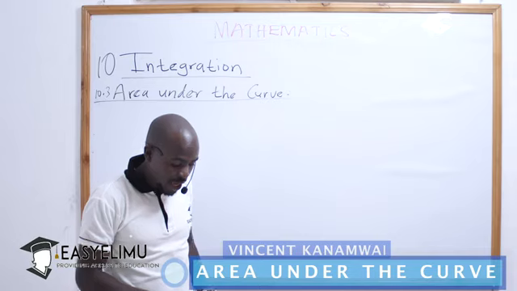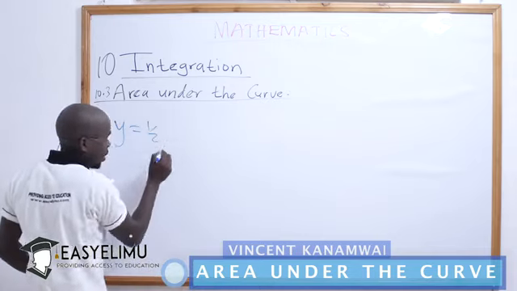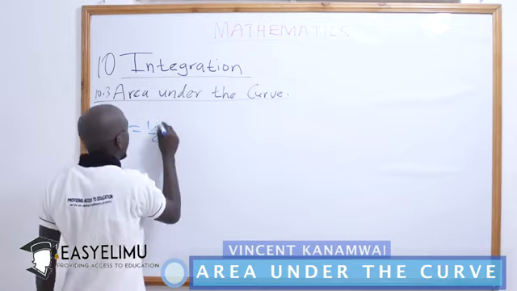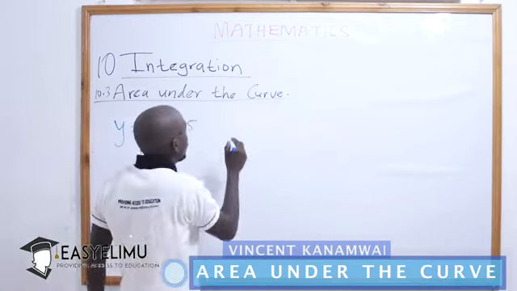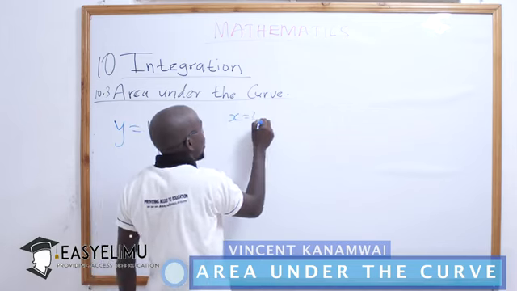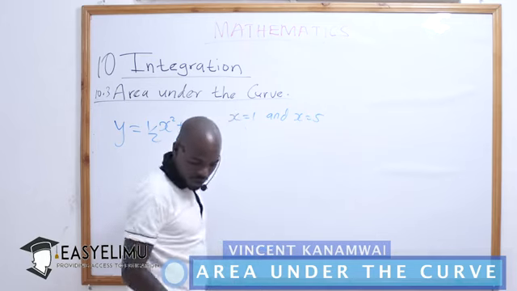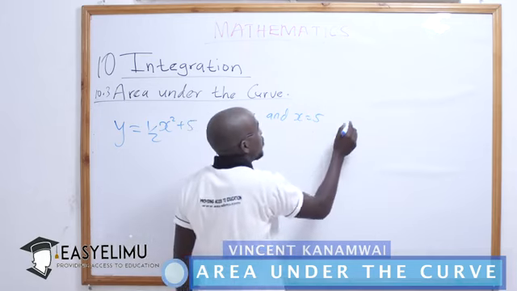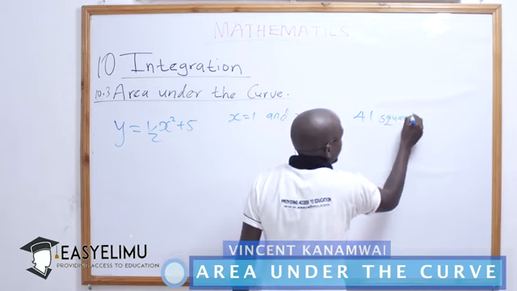For instance, we had y equals half x squared plus 5, and then we were told to find it from x equals 1 to x equals 5. So that is what we had, and we found the area as 41 square units.